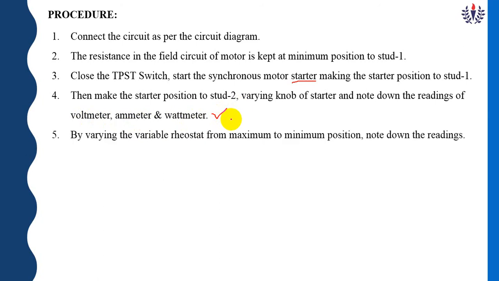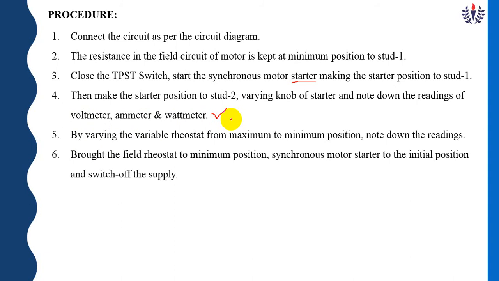By varying the field rheostat from maximum to minimum position, note down the readings. Bring back the field rheostat to minimum position, the synchronous motor starter to initial position, and switch off the supply. While turning off, we have to bring everything back to the initial positions.